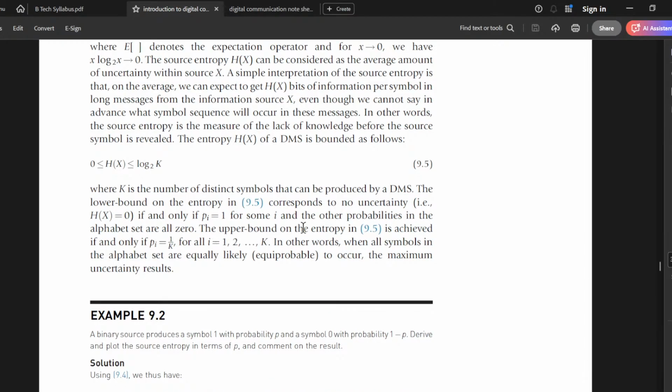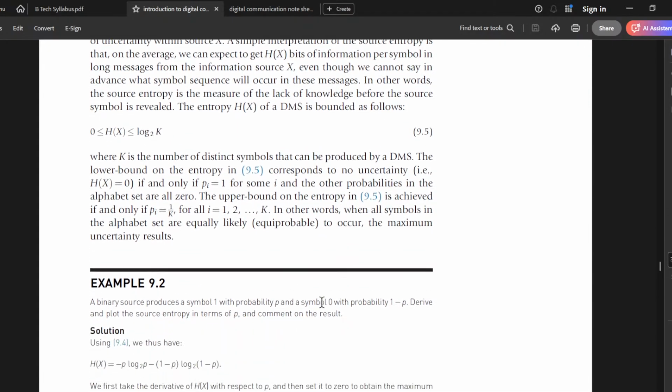The upper bound on the entropy is achieved if and only if the probability is 1 upon K for all values of k. In other words, when all the symbols in the alphabet set are equally likely to occur.